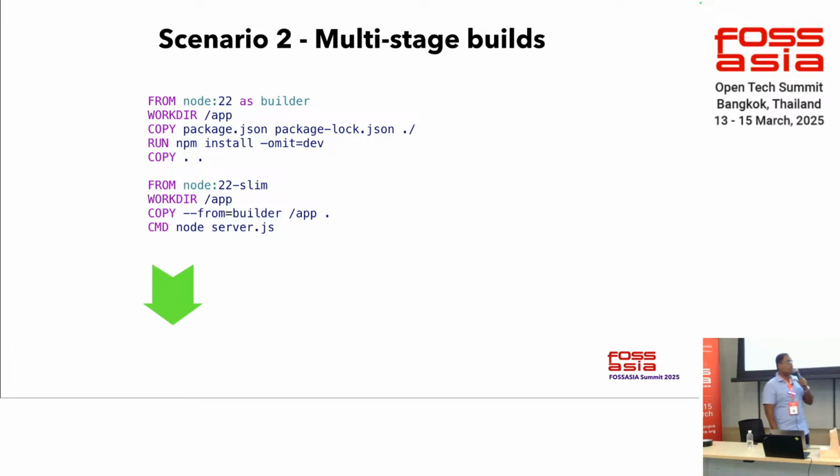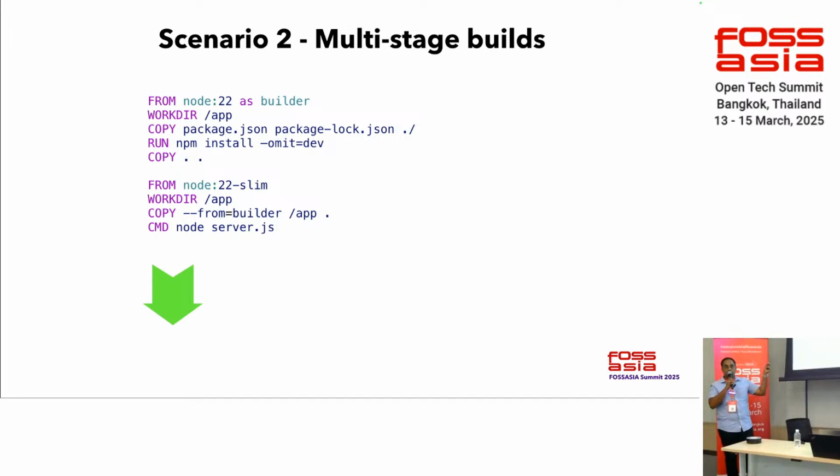Consider this Dockerfile. Here we have a Node 22 image, and we're doing some installations where we have omitted the dev dependencies, as you see there, omit=dev, and then you copy the whole source code. In the second part, we pull a slim version of the node image, and we now run the server file from this part.